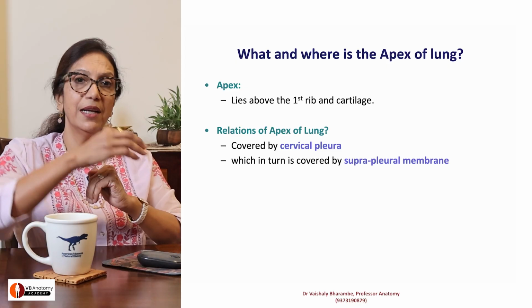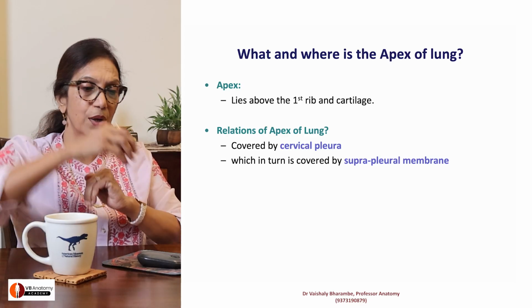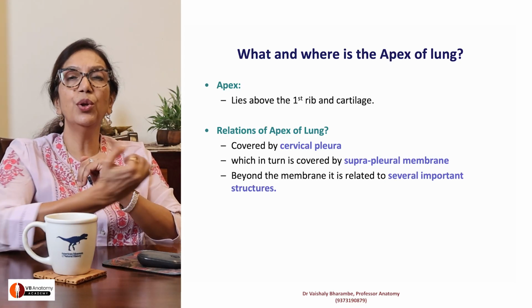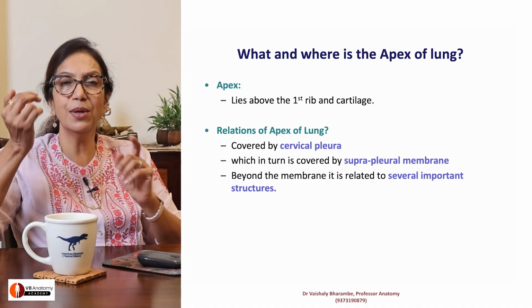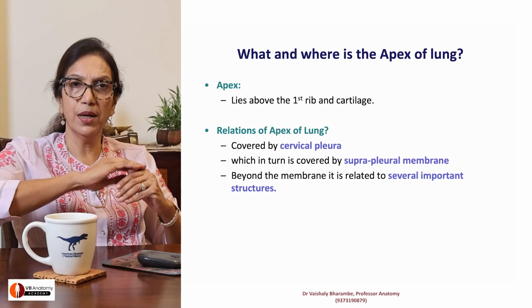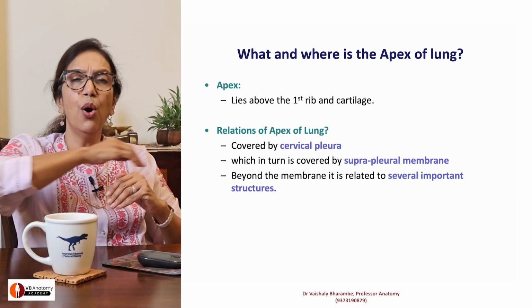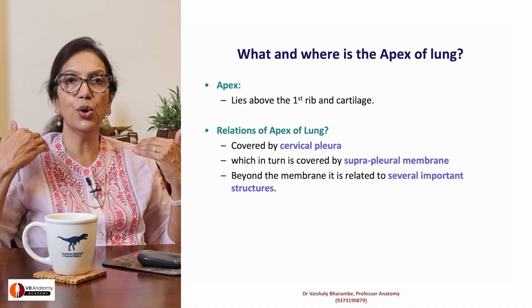Above that, you have another layer called the Sibson's membrane, okay. So above that, it's related to a lot of important structures. So let's try this again. Apex of lung covered by pleura, covered by suprapleural membrane, and then related to a lot of very important structures in your neck.